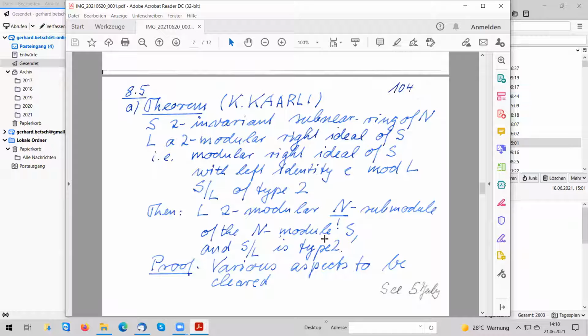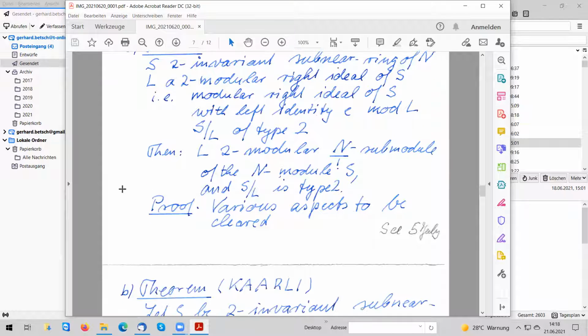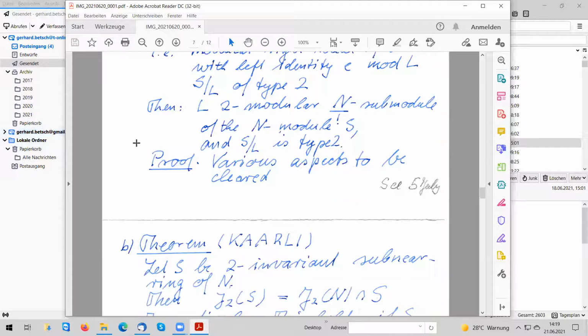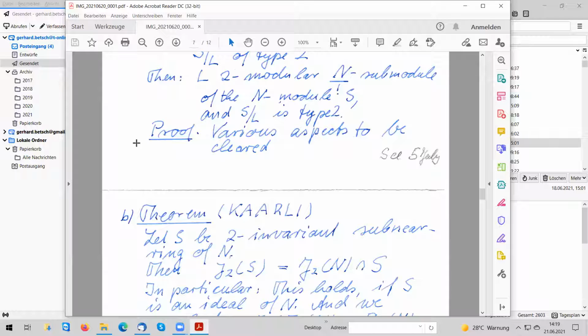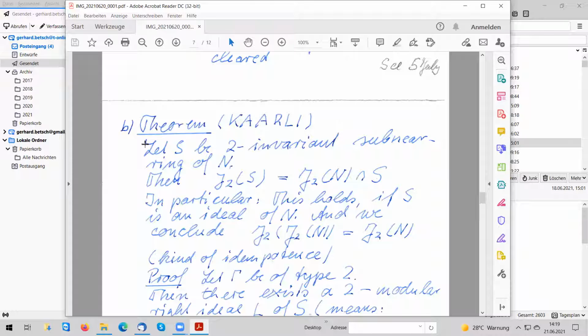I'm absolutely sure that this theorem is true, but at present I cannot give a satisfactory proof, a proof which I would accept. This theorem is very important for the following. Let S be a 2-invariant subnear-ring of N.